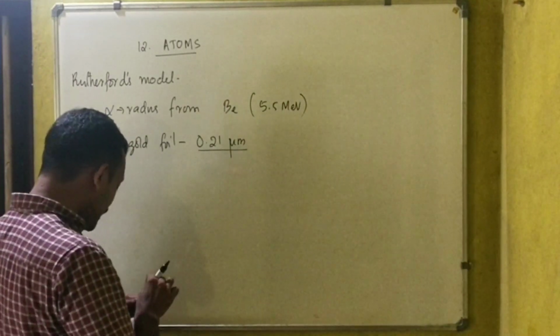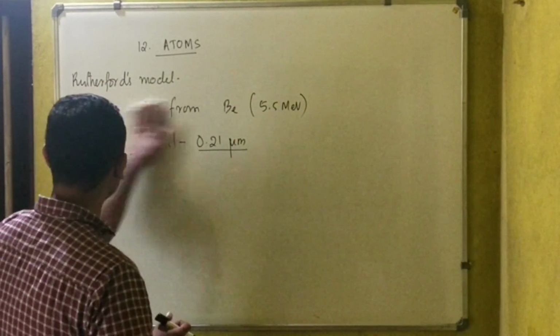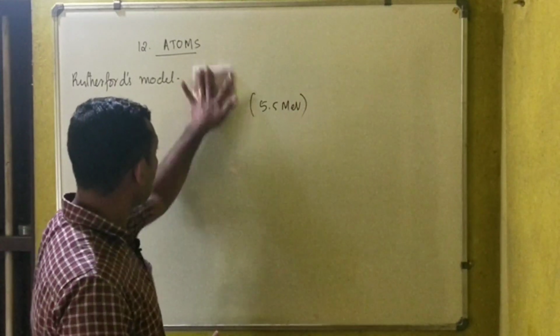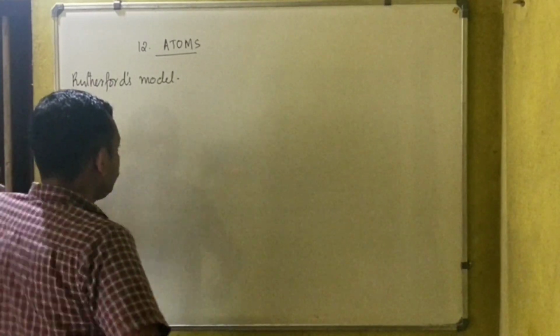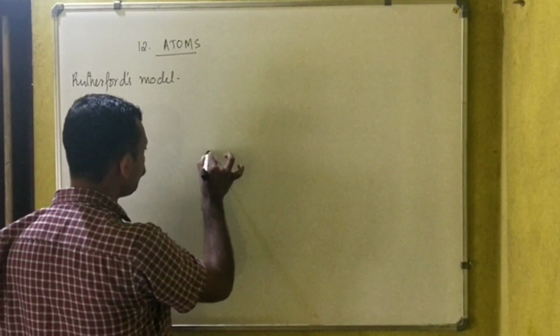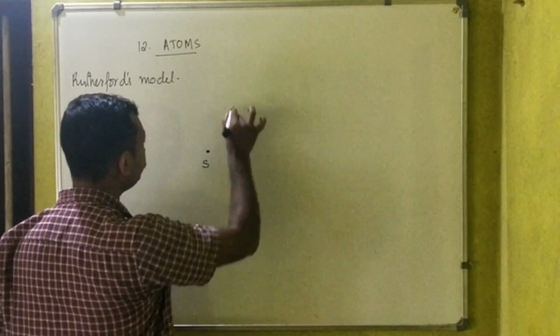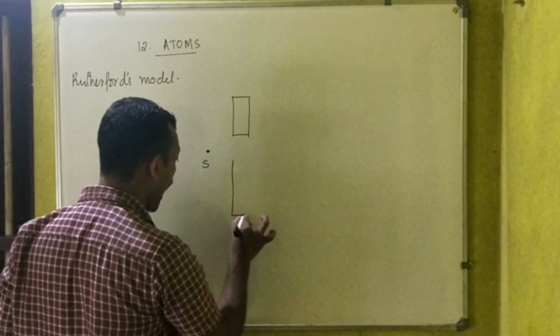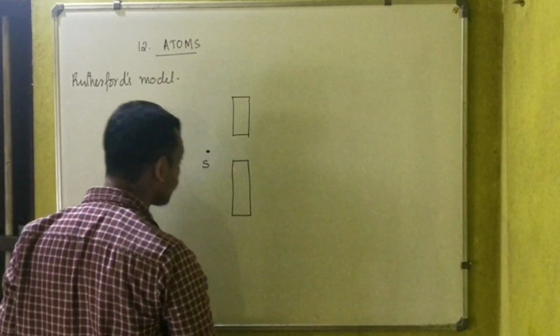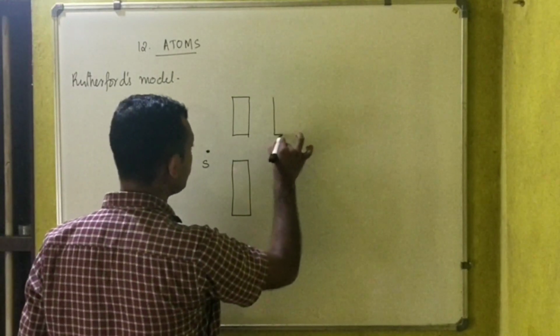Now let us quickly consider their experimental arrangement before we come to the important observations of the model. So there is a source of alpha radiations. These are lead blocks. The purpose of the lead blocks is to absorb the radiation which goes beyond a certain limit.